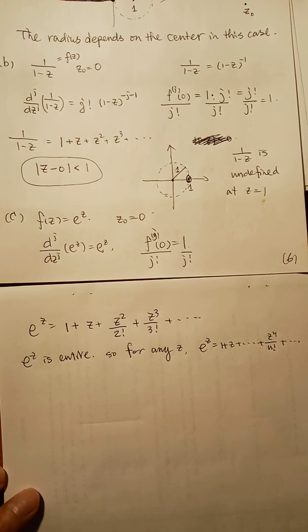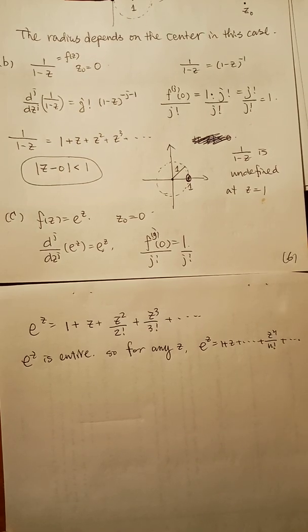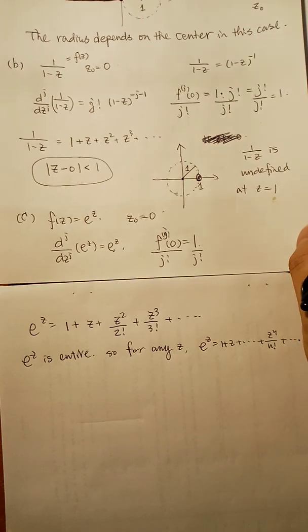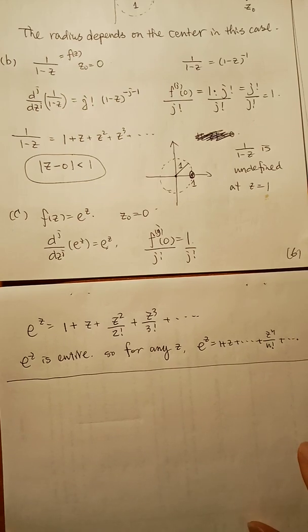Okay, so we have 3 examples about the equality of the Taylor series. Now let's observe the first and the second examples again, and try to come up with some conclusion.